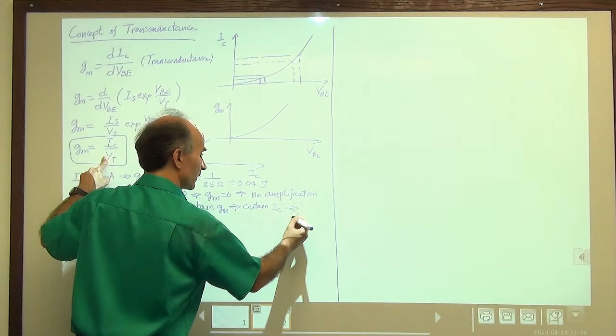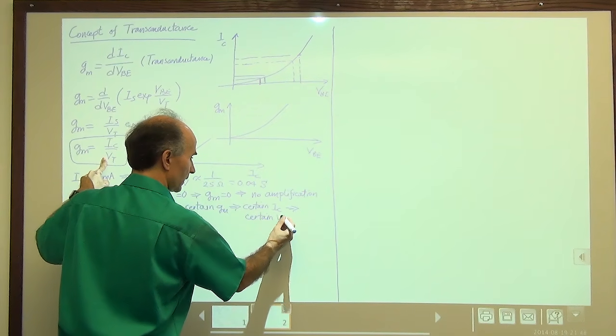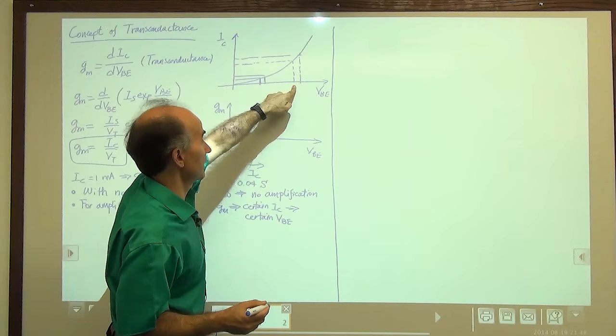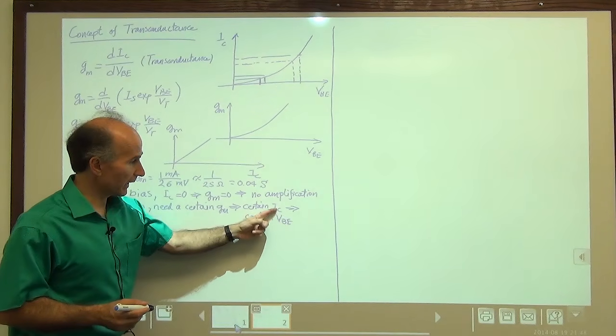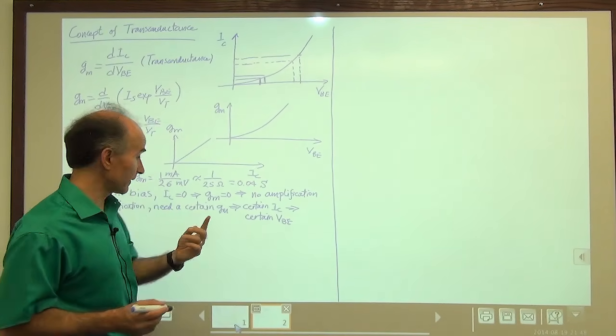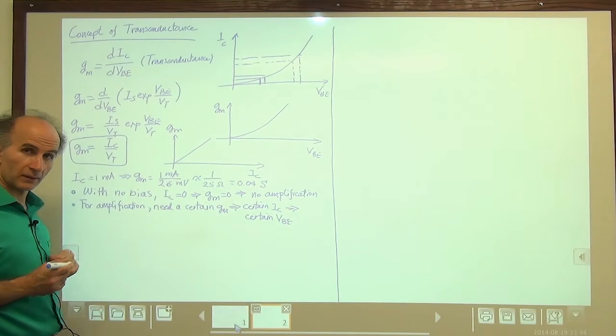From there, we need a certain VBE because for the transistor, we have a relationship between IC and VBE. And this pair defines the operating point of the transistor that will give us the amount of transconductance that we need to have amplification.